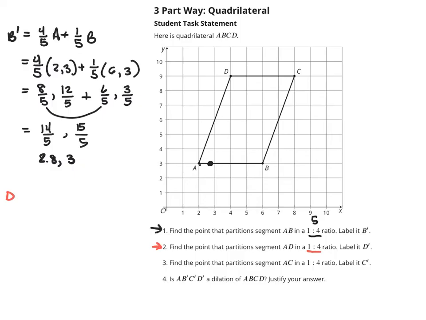So I want D prime to be 4/5 times A plus 1/5 times D. 4/5 times A we already have. 8/5, comma 12/5. And then 1/5 D. D is over 4 up 9. So that would be 4/5 and 9/5.